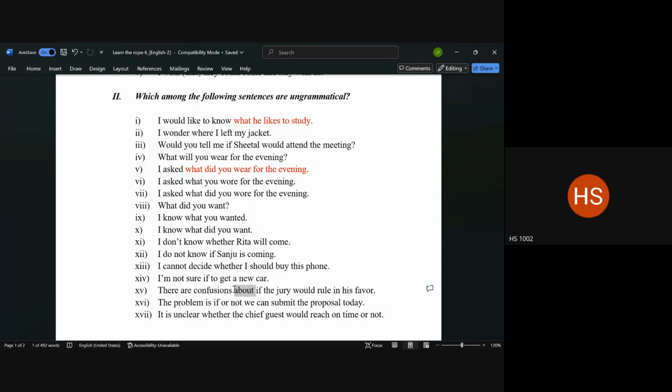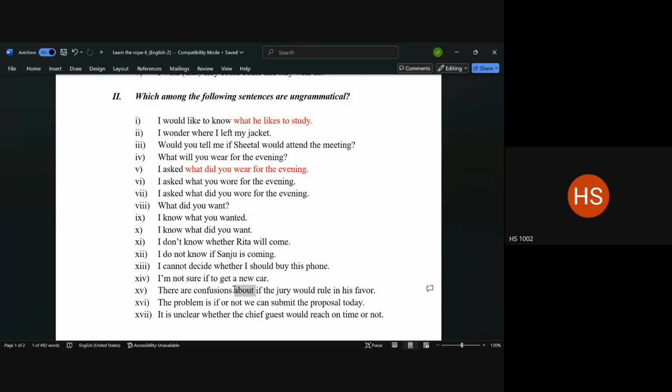So "if" is the one that is a bit problematic, right? Most of the time, "whether" is more or less right in all contexts. But when you use "if", there are certain conditions like this. "Whether" will not have that problem, but "if" has three conditions where it cannot be used. One condition is sentence 14, where you don't use the "to" infinitive after "if".